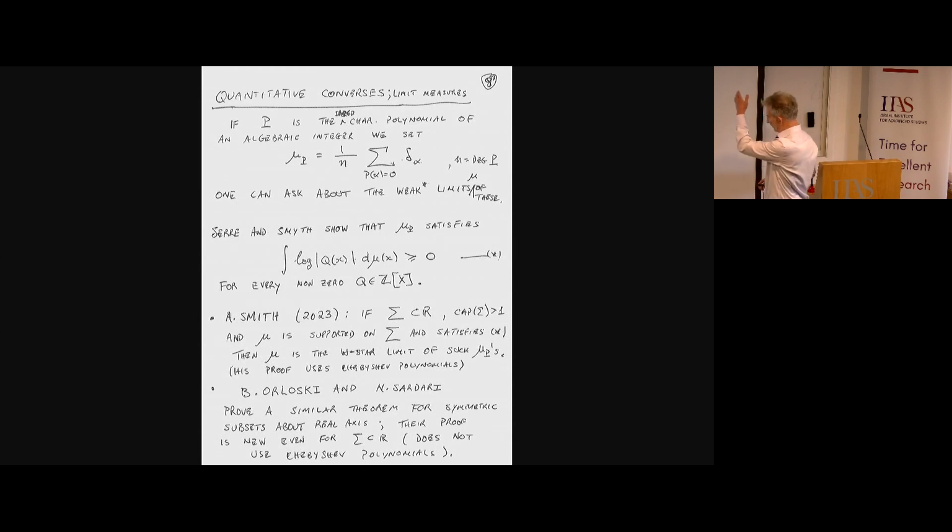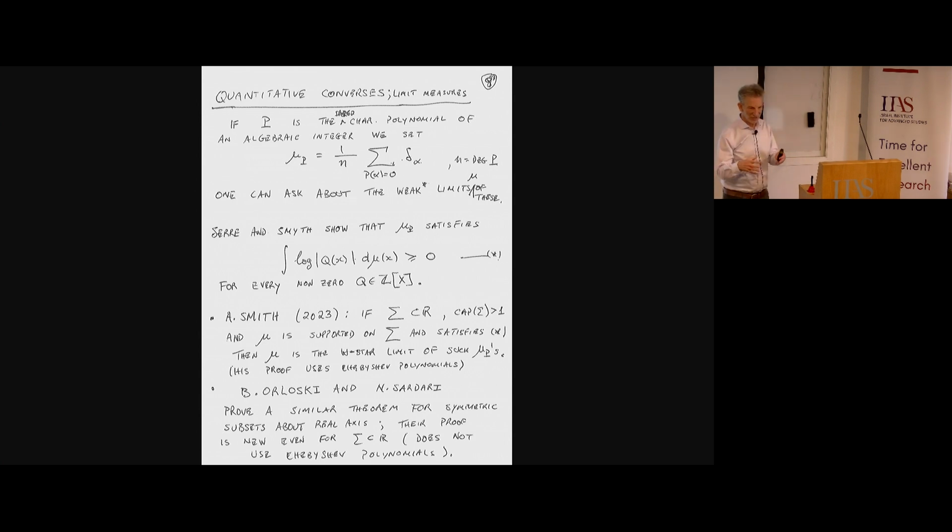And what we saw, which is a major breakthrough of Smith on a conjecture of Smith, and also we'll hear a lecture later today, Orlovsky and Sardari have solved this for non-real and much more, is the following. You might ask, well, what limit measures are there on K?